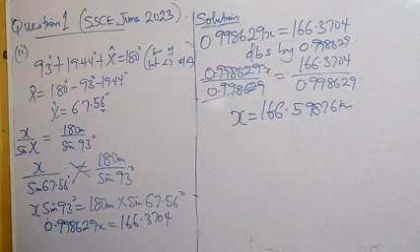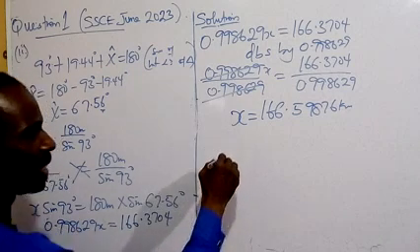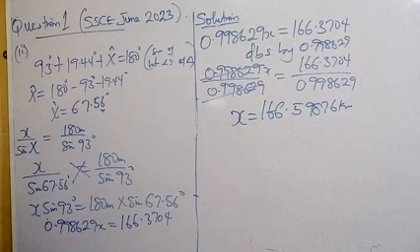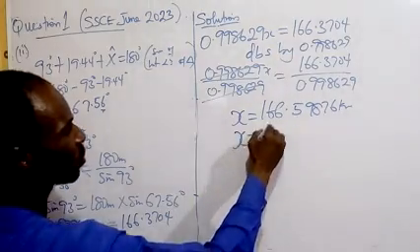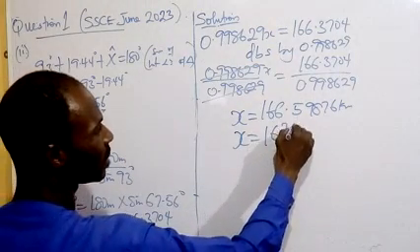And don't forget we have to leave our answer to the nearest whole number. So the distance PY according to that diagram equals 167 kilometers.